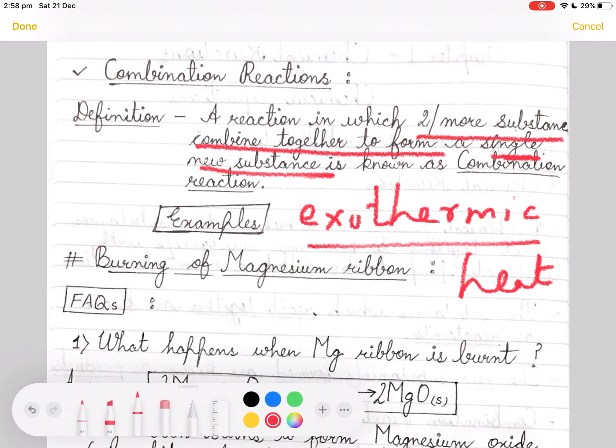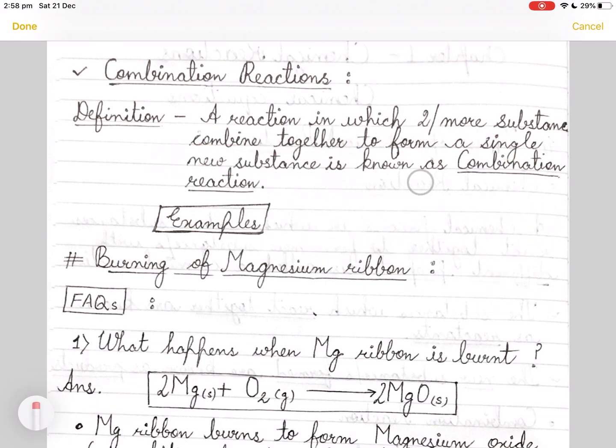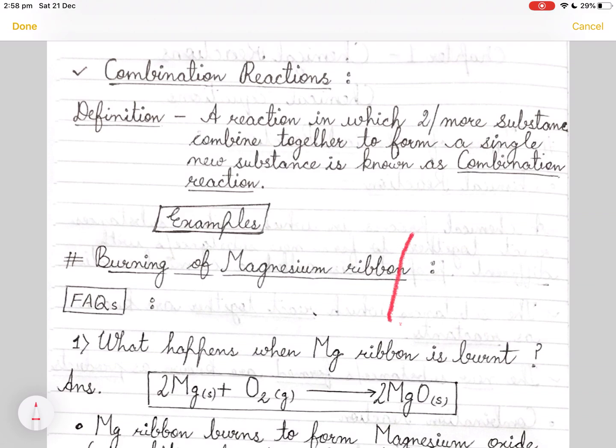To give a beautiful description about a combination reaction, let me erase this for you. We will be talking about different examples in this, and I have one example for you about magnesium ribbon.